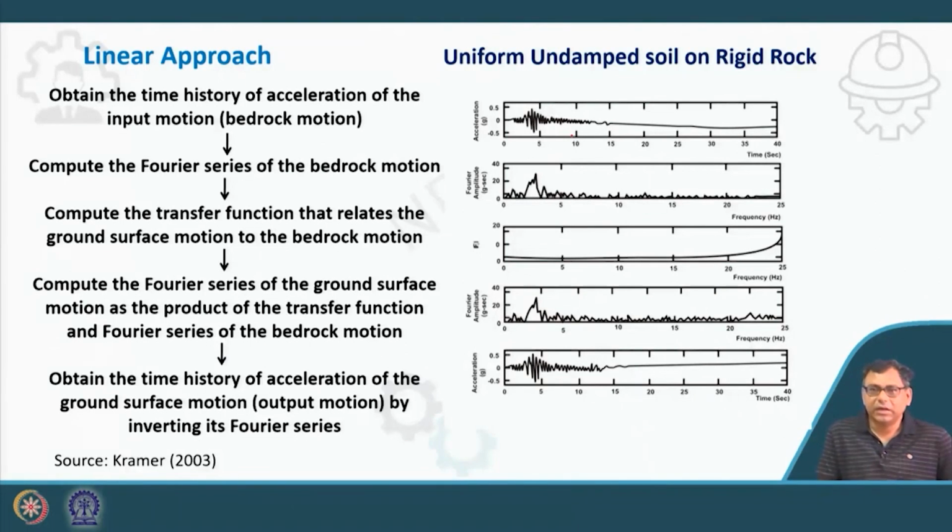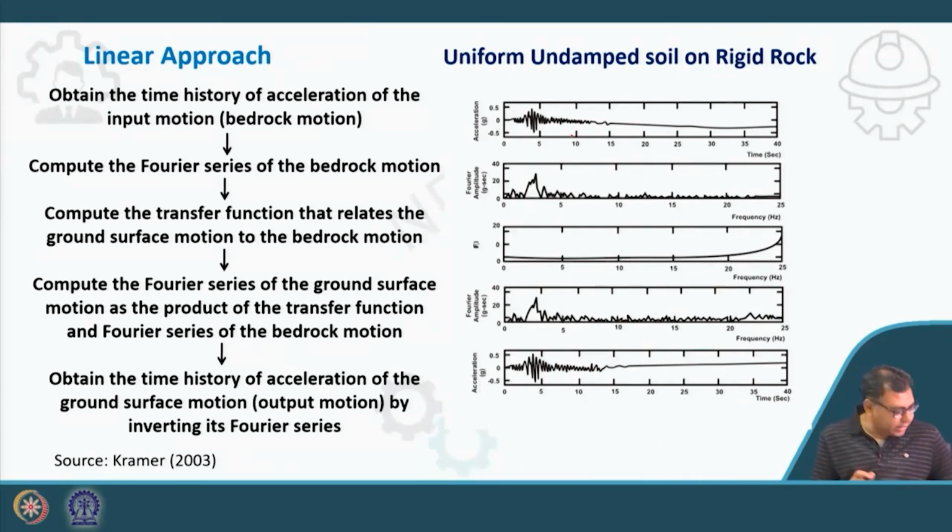Then you multiply that transfer function with the bedrock Fourier series, and that will give me the Fourier series of the ground surface motion. Then inverting that Fourier series, I will go from the frequency domain back to the time domain, and get the acceleration time history for ground surface motion.